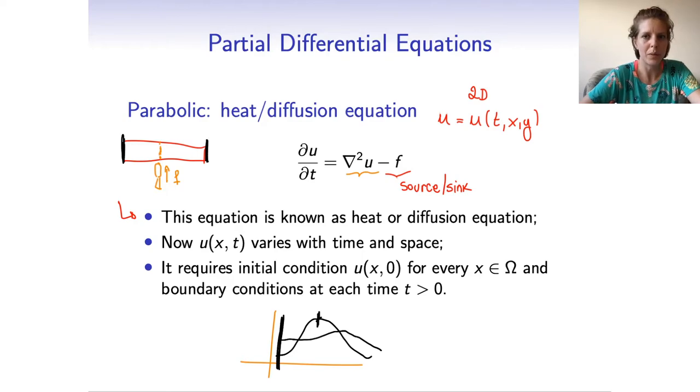Or if you think about diffusion of particles, and you are in an isolated system, you don't let the particles go in or out, the total mass of the particles in this system would be constant as well.